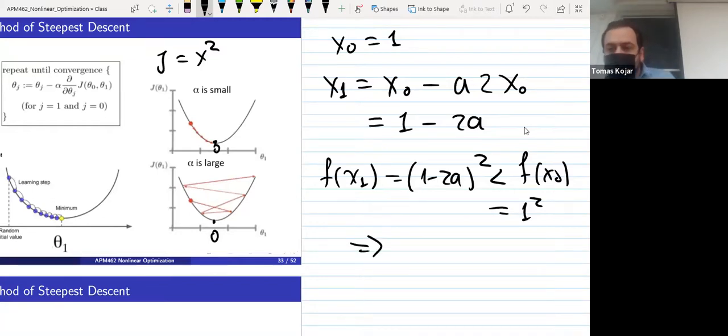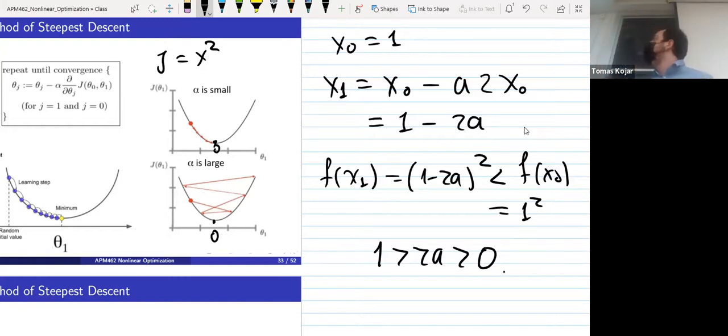This is actually easier, because all you want is... no, you need the absolute value. So you want the absolute value of 1 minus 2 alpha to be less than 1. So that's the constraint for alpha. If you pick it bigger, you risk not minimizing. Do you understand? It's very simple.